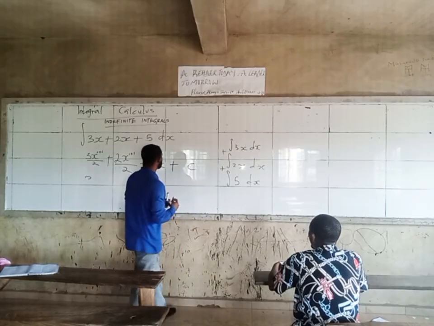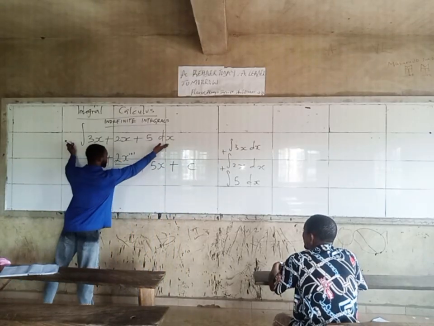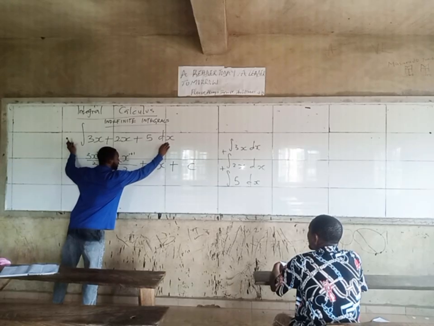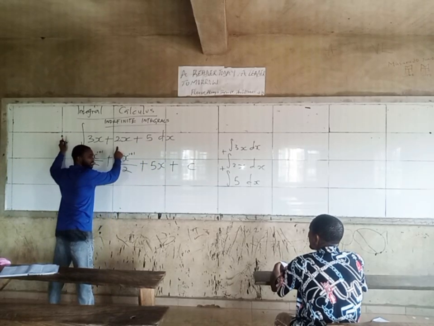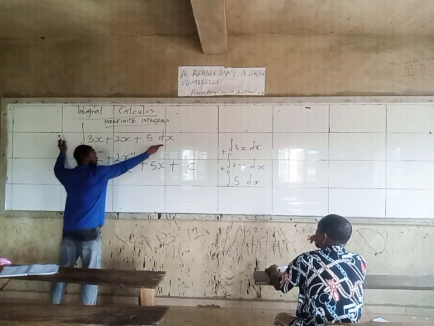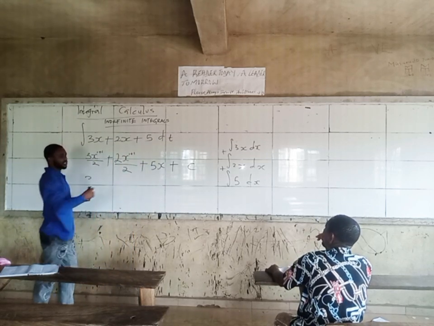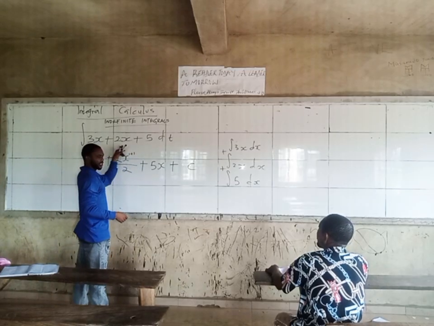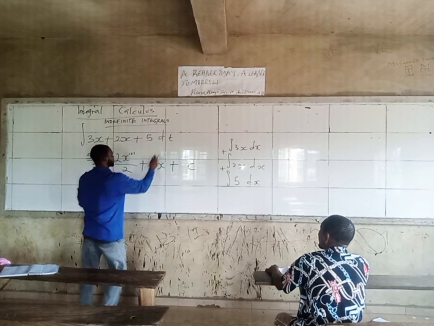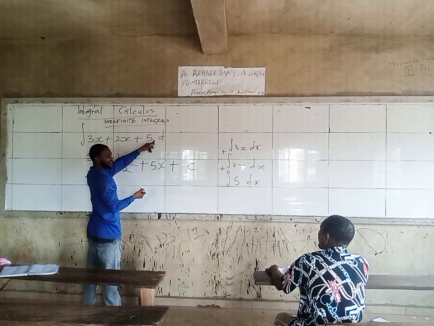So what the x here is telling you is that everything inside here should be integrated with respect to x. When I come here and see with respect to t, I can't integrate this, because everything here is carrying x, not t. So the only one I'm integrating in that case is the one that's not carrying a variable.